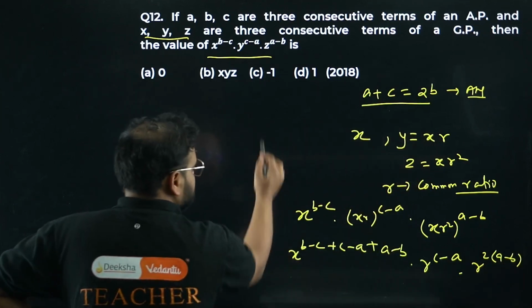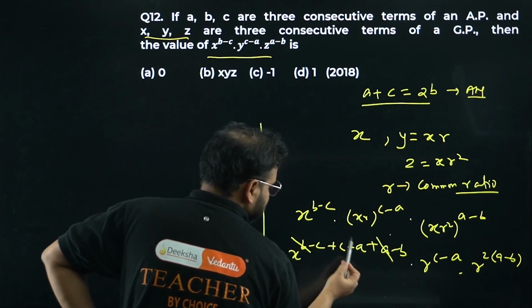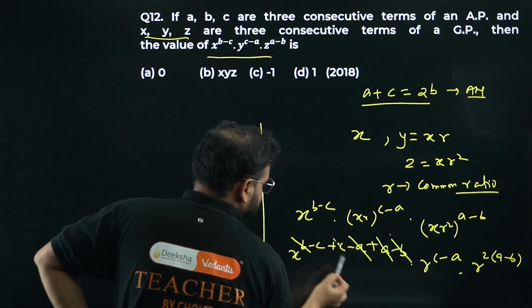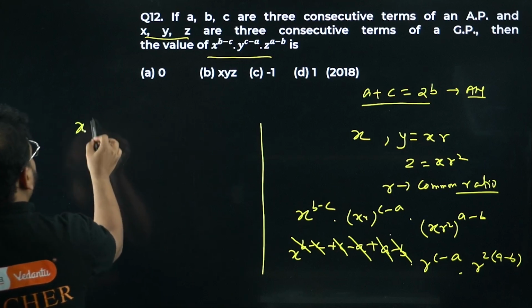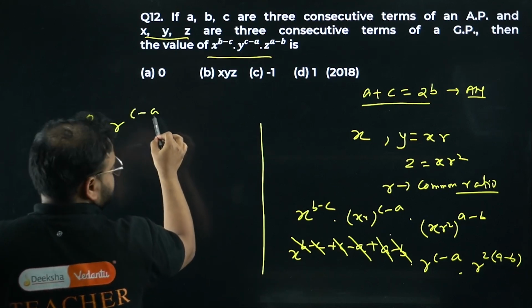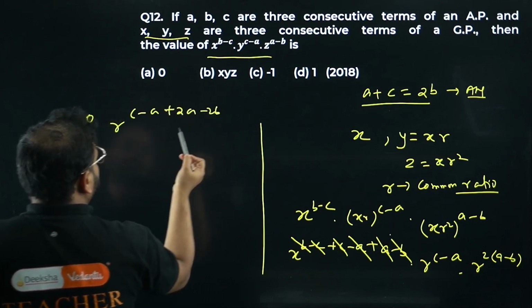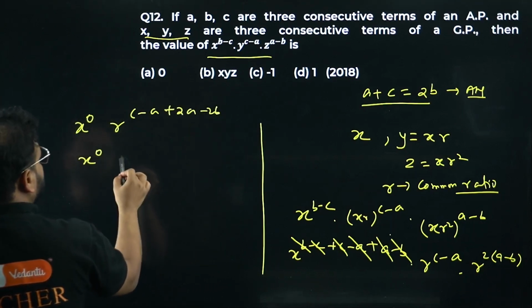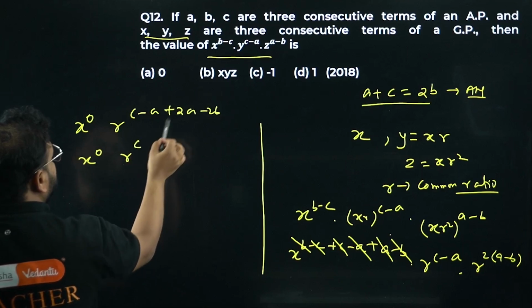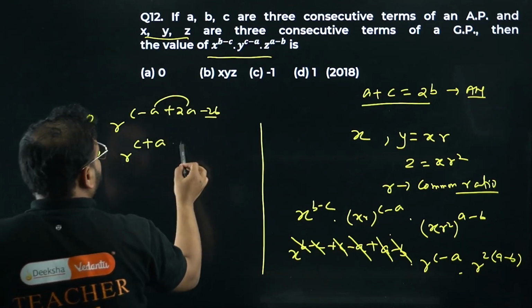What I get: plus b minus b cancelled, plus a minus a cancelled, plus c minus c cancelled, means basically x power 0. Now check for r, I get c minus a plus 2a minus 2b. So r power c plus a, and we have minus 2b.